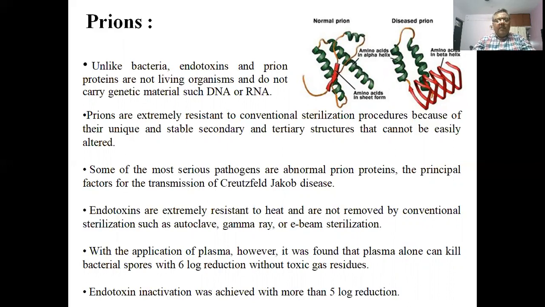Endotoxins are extremely resistant to heat and are not removed by conventional sterilization. With the application of plasma, however, it was found that plasma alone can kill bacterial spores with a 6 log reduction without toxic gas residues. Endotoxin inactivation was achieved with more than 5 log reduction.